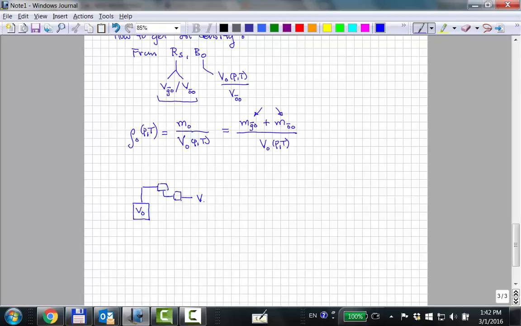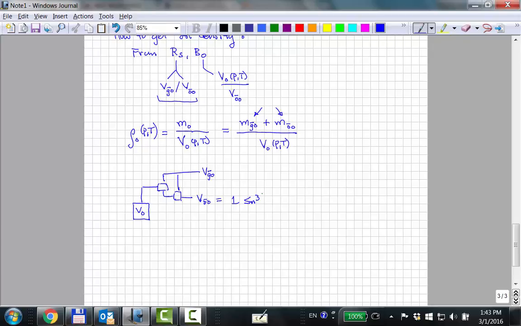We get this here, and we get this here. So let's just say, for the sake of argument, that I have 1 standard cubic meter of this.